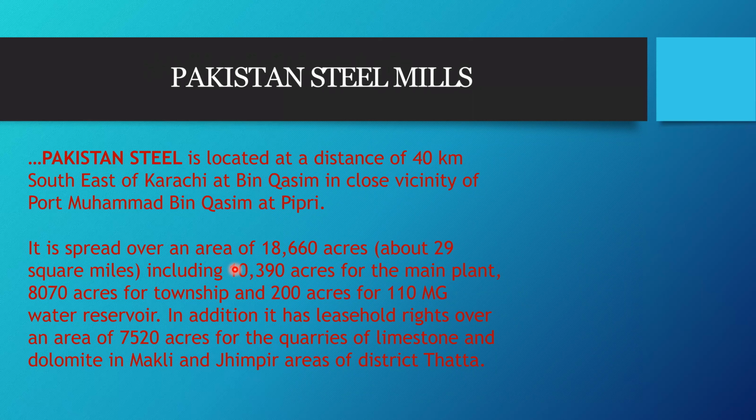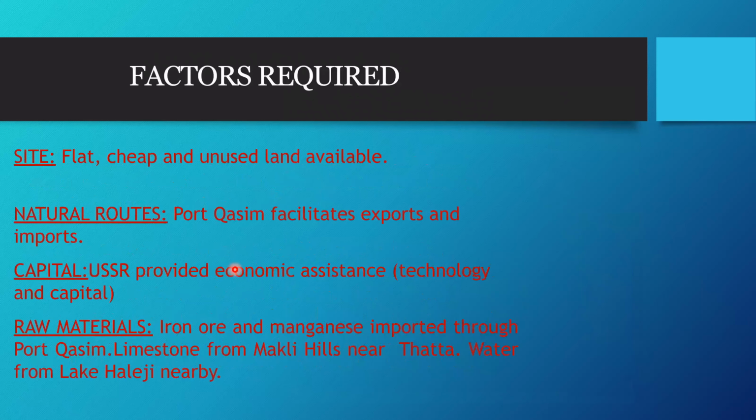The reason why Thatta was chosen as the location for Pakistan Steel Mill was that there were certain reasons. The land was flat, cheap, and unused. First of all, the land that was required was to be away from the populated areas. So this area was away from the populated areas.